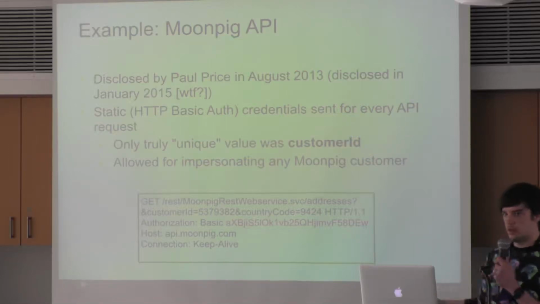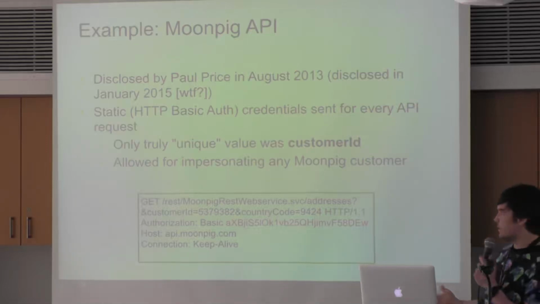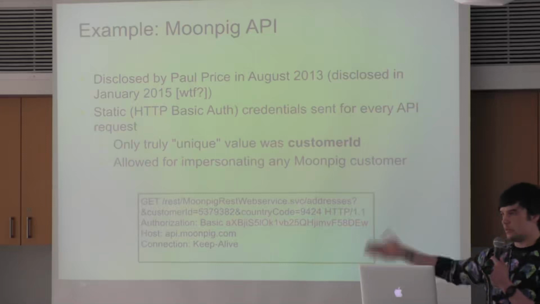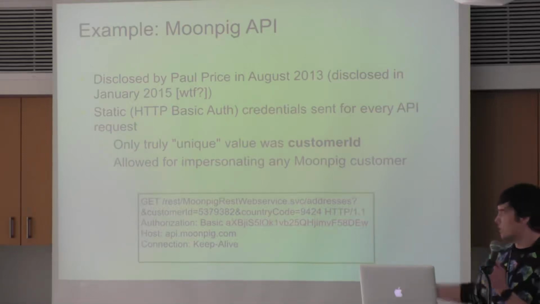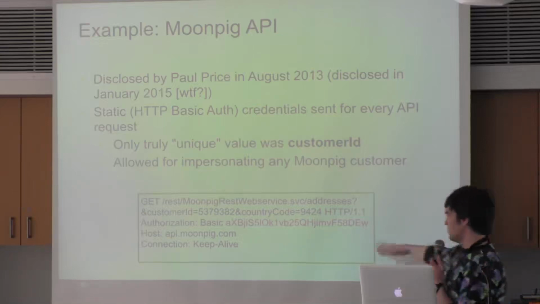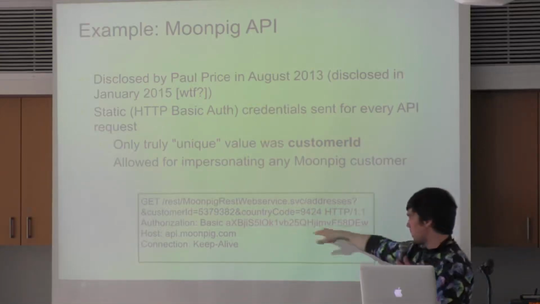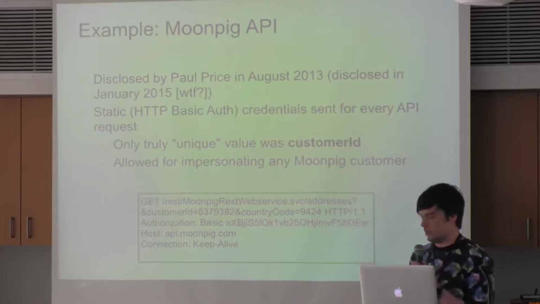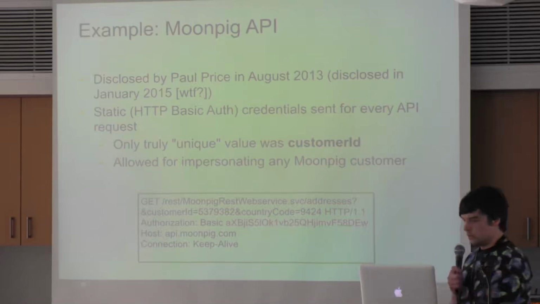So the only unique value was the customer ID. If you could just iterate through every single customer ID, you could access everyone's Moonpig account. Apparently they're a greeting card printer or something like that. So you see here, just the customer ID, and then the same basic auth header every time.